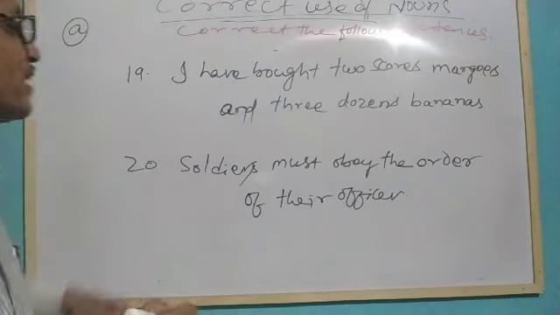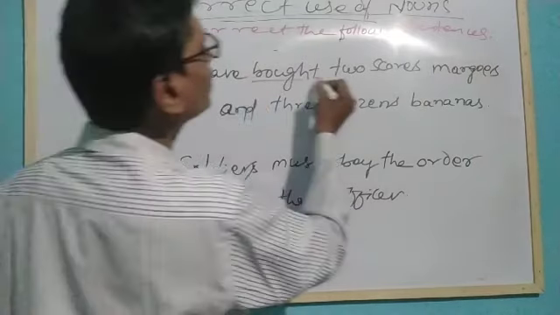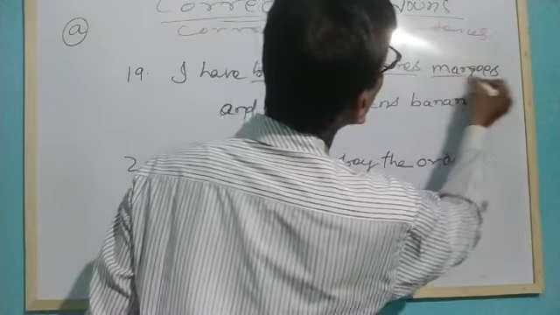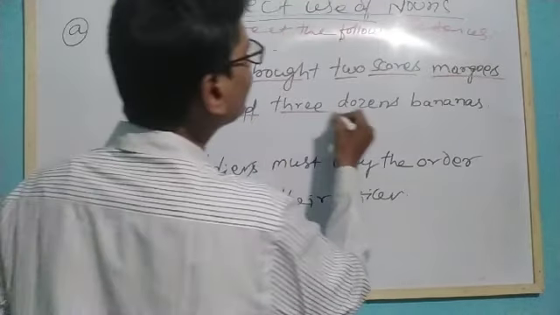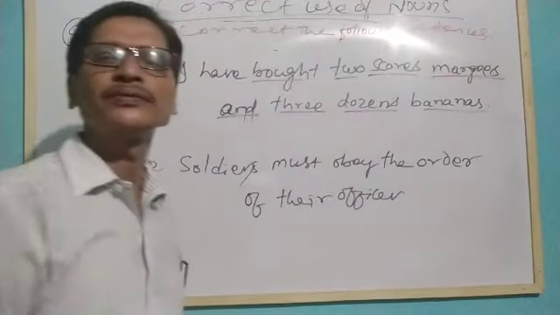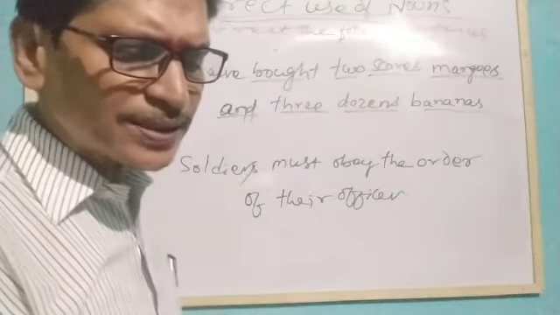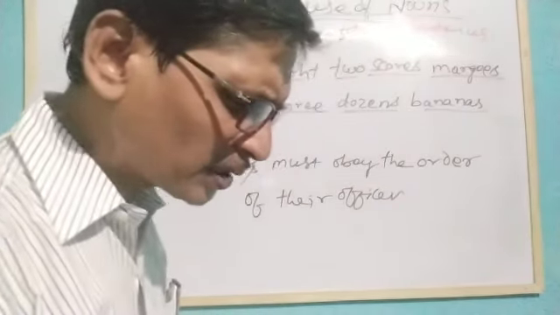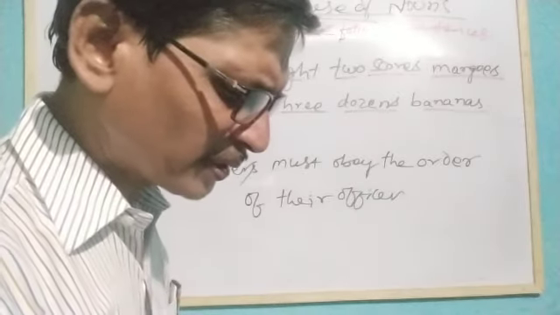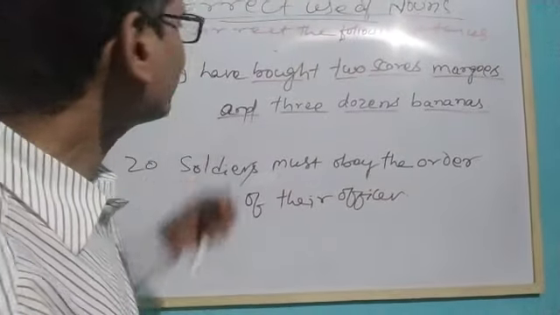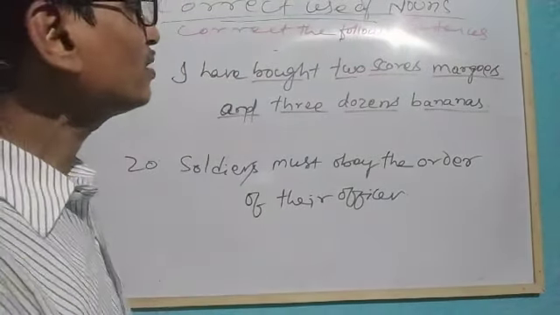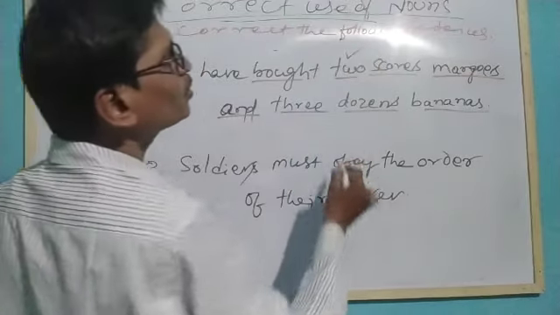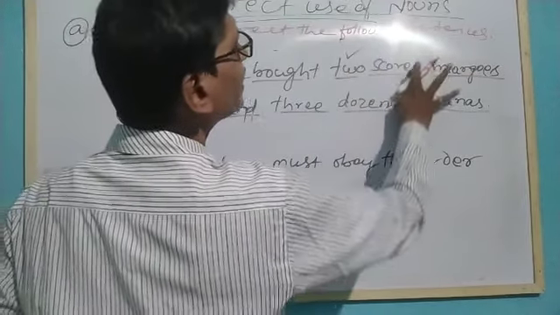Now discuss. I have bought 2 scores mangoes and 3 dozens bananas. What is the error here? When we have already used 2, we don't need to make scores plural.